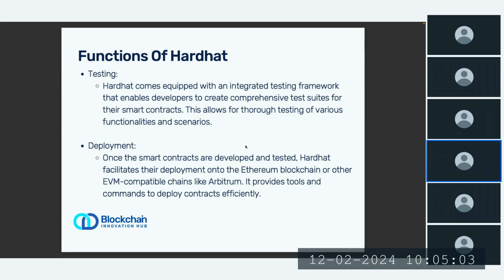When we talk about testing, even in the programming sense, what we mean is ensuring your code works as intended. Say you write a small component, a smart contract for just one action.